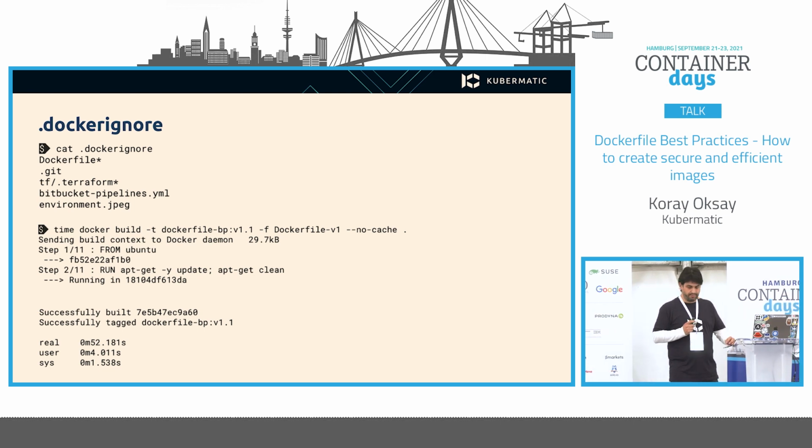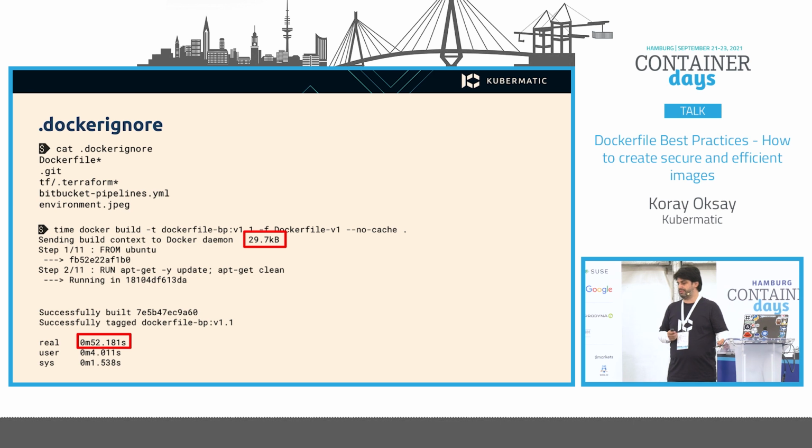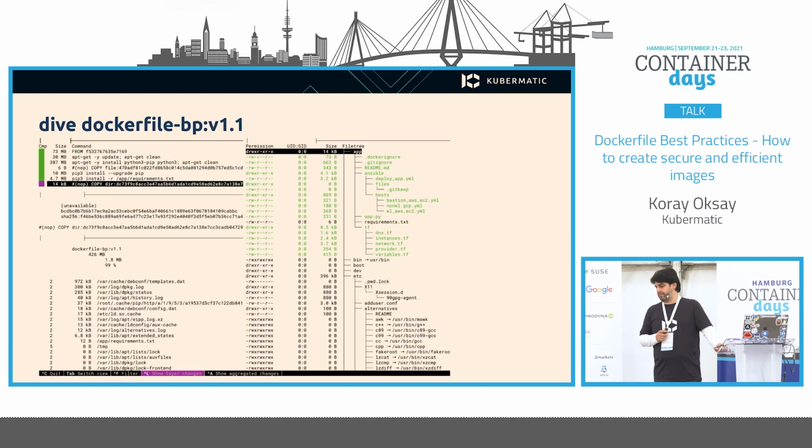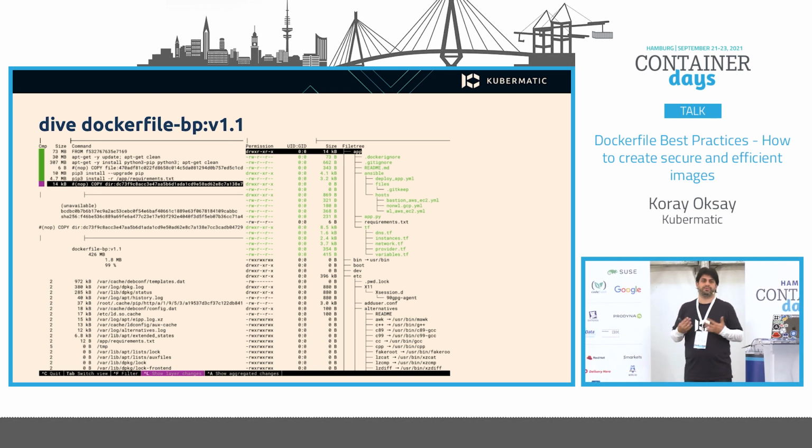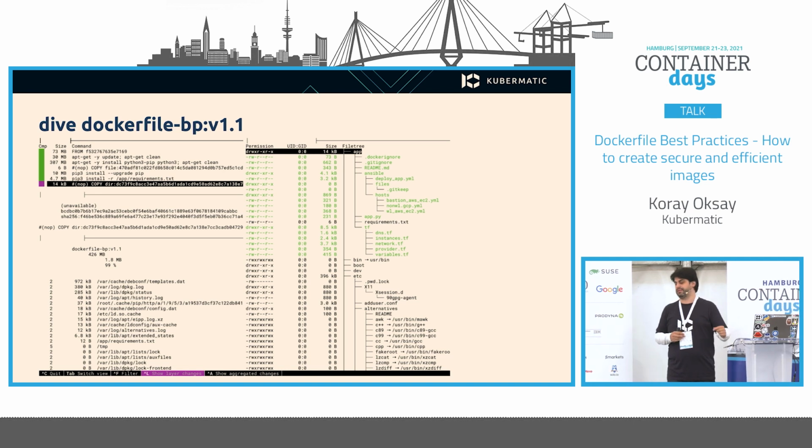You see that the context sent to the daemon is now only 30 kilobytes and it took 52 seconds. If you take a look at it again with Dive, you see the latest layer is now only 14 kilobytes, because now only the remaining text files are copied there.